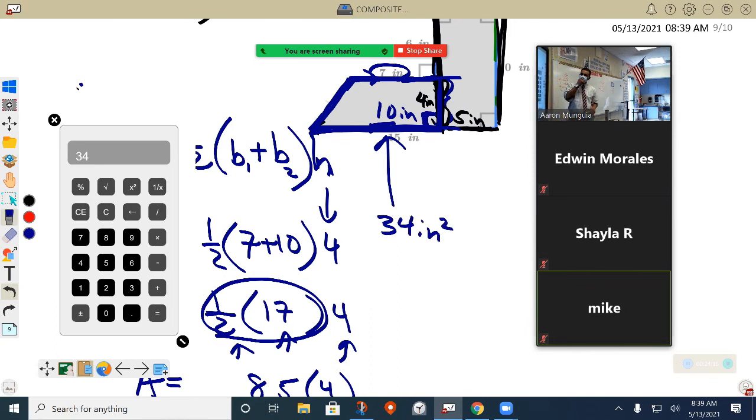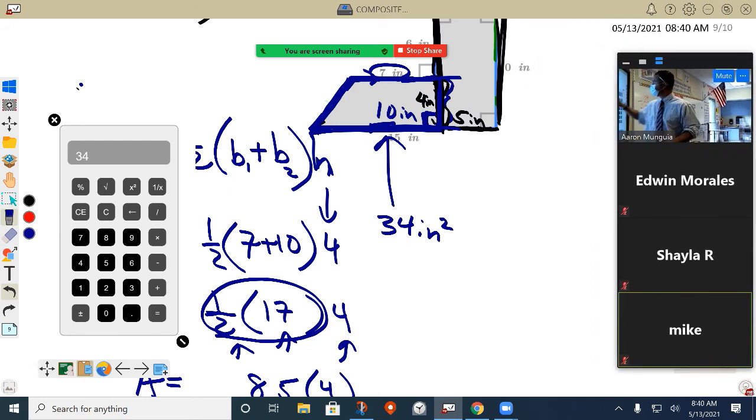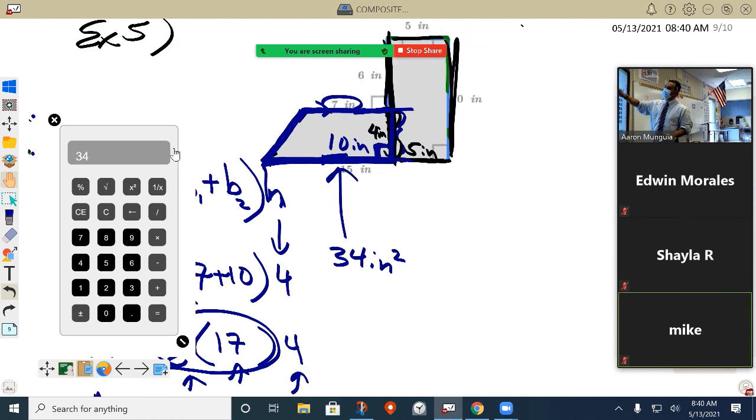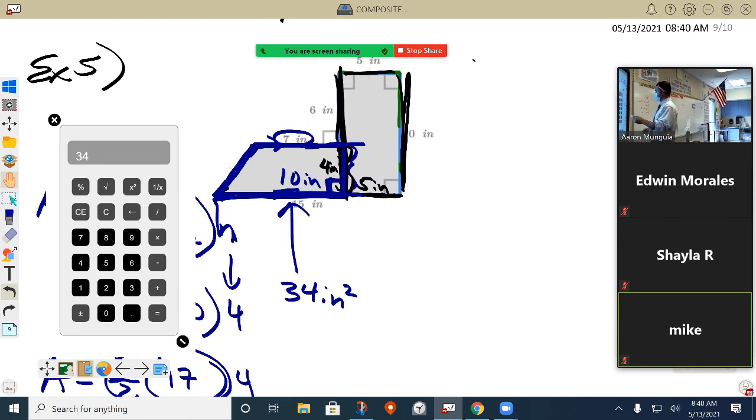Okay? Now we're going to deal with the rectangle on the right. Let me focus in on the rectangle now. So let me erase my chicken scratch markings. Let me highlight the rectangle in green, right here. We're done with the trapezoid in blue. It became 34 square inches.